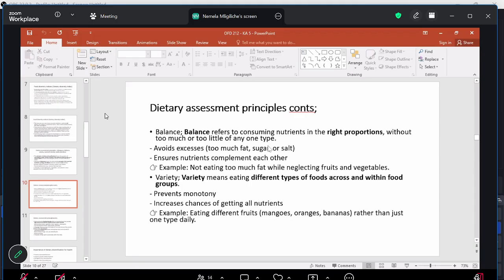Nutrient density refers to how many beneficial nutrients a food provides relative to its calorie content. So we look more at the beneficial nutrients rather than at the calorie content.